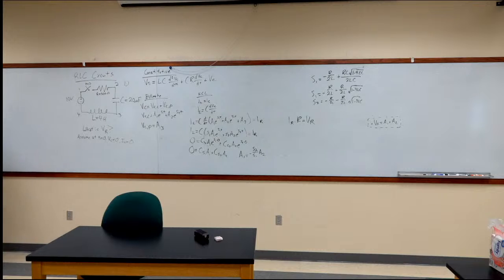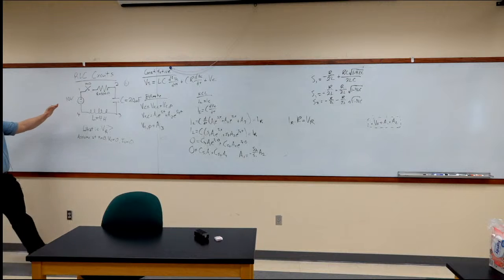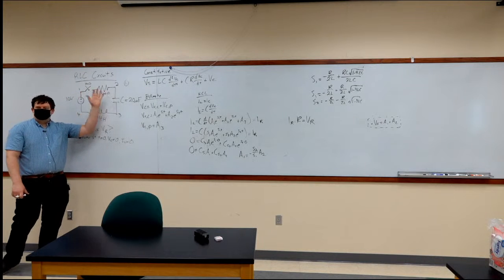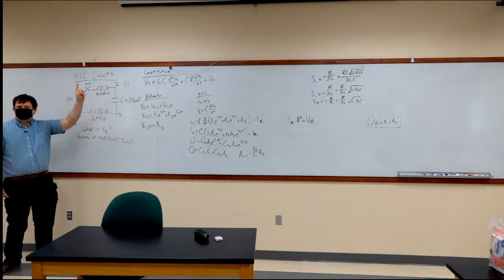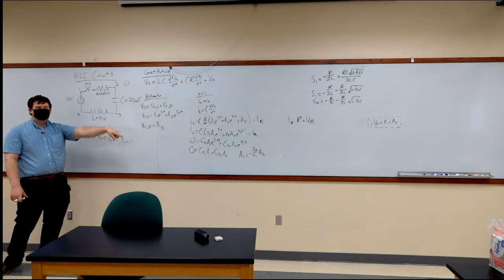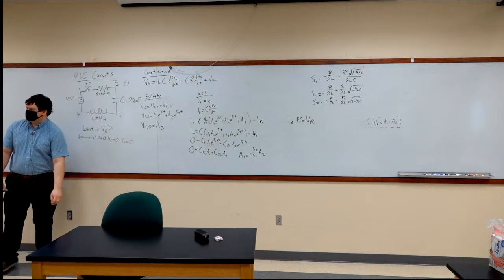They're transient solutions. So we have no current going through the resistor immediately after flipping the switch. Then what happens is current slowly travels through the resistor, increasing to a point where it then stops, turns around, and begins decreasing again, and goes back to 0.